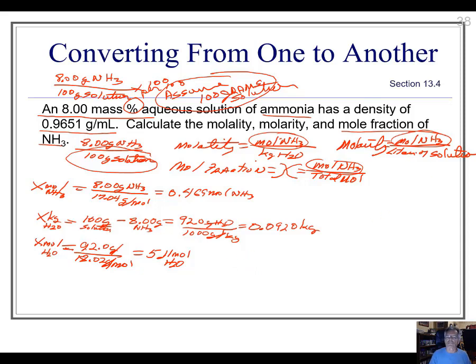All right, one more. We need liters of solution for the molarity. Well, wait a minute. Let's go ahead and get total moles for the mole fraction. So total moles. And the total moles will just be the moles of ammonia, that's the 0.469 moles, and that's my NH3, plus my 5.11 moles.